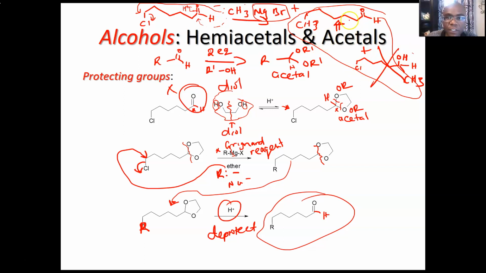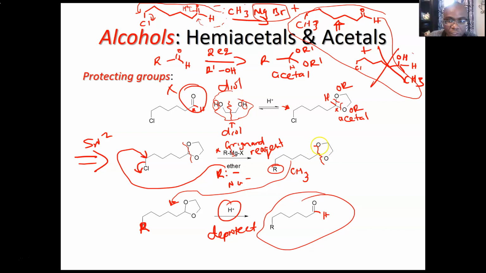So first, you take your original molecule, protect the aldehyde that will cause side reactions, and now do your actual reaction. In this case, it's SN2. On the other side of the molecule, the Grignard uses its R group to attack that side. You get the R group here, which could be a CH3, an ethyl, a ring.